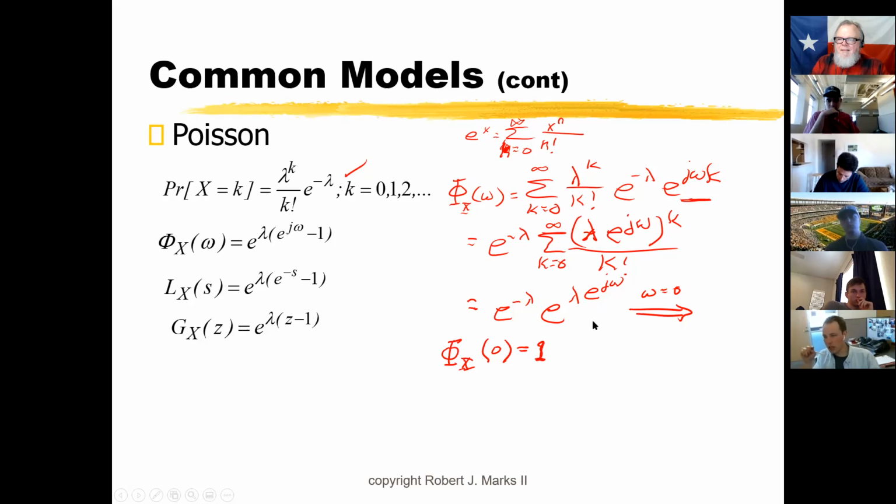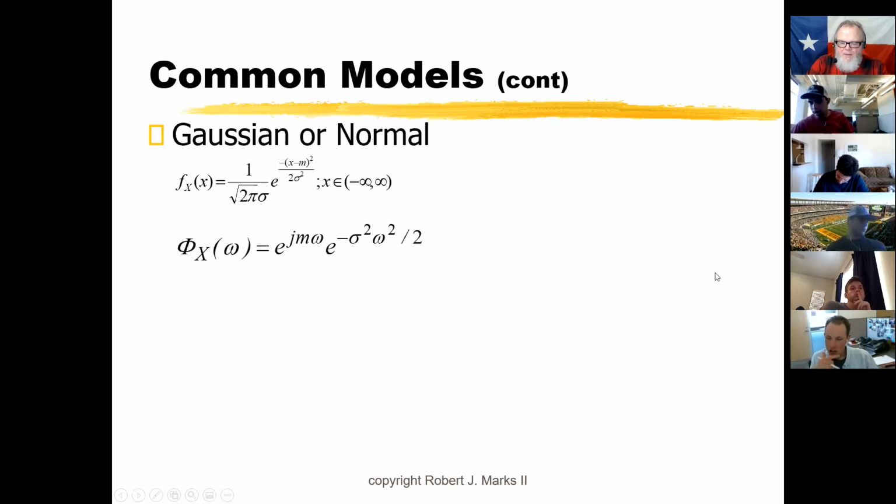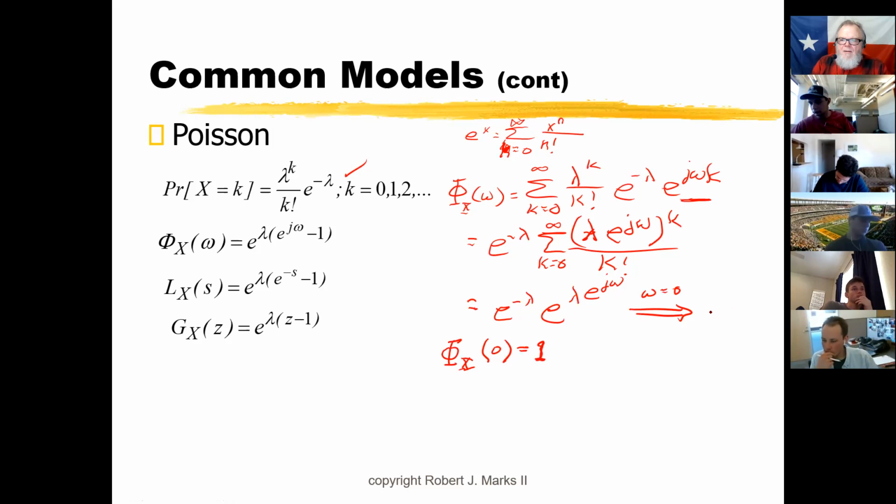It would be e to the minus lambda times e to the lambda, which is? I think it should be 1. It's 1. E to the lambda times e to the minus lambda is equal to 1. For omega equal to 0, that becomes this, and e to the minus lambda times e to the lambda is equal to 1. So that's a sanity check.